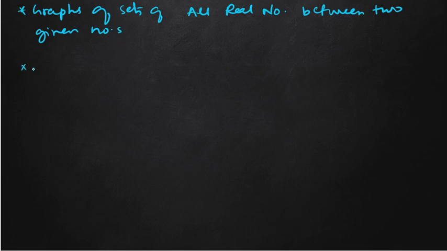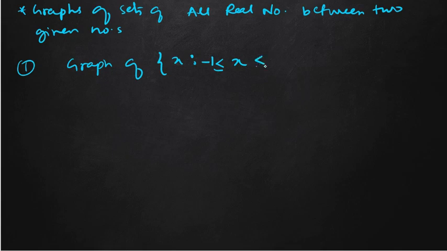So let us take one example. Suppose example number 1. So graph of x such that x is greater than or equal to -1, but less than or equal to 3, and x belongs to real numbers.